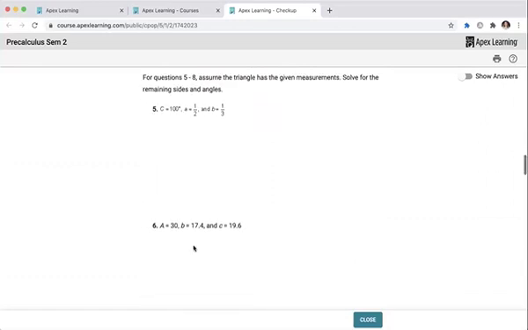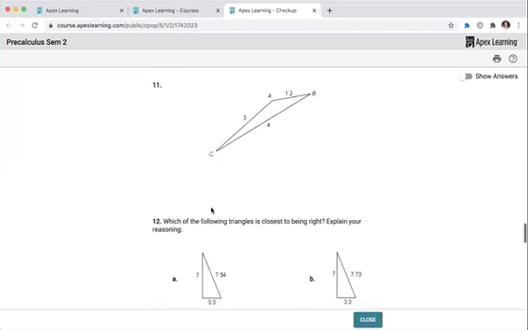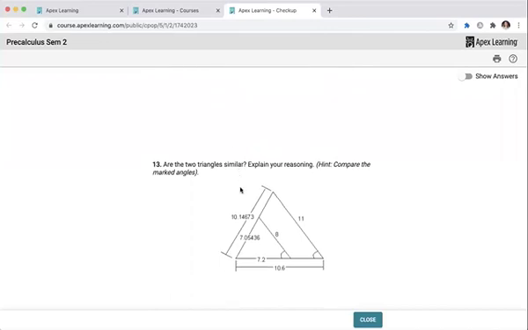Based on what you have, draw a picture, figure out what triangle you're dealing with, and then figure out the appropriate equation you're going to use. And then it becomes just a plug and chug problem. With basically all of these, it becomes a plug and chug type of problem.